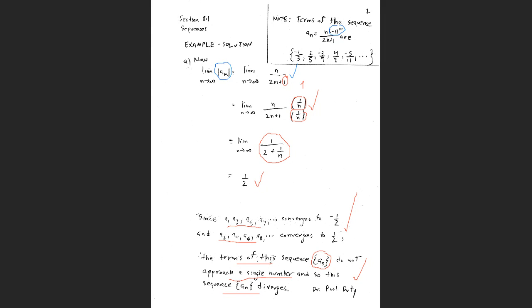So for instance, let's say you had a sequence like this, the nth term equals -1 to the nth power divided by n. Okay, so say you had a sequence -1 to the nth power divided by n.